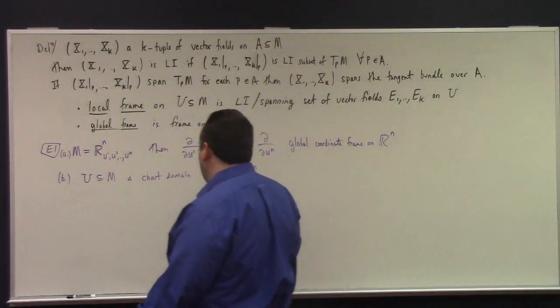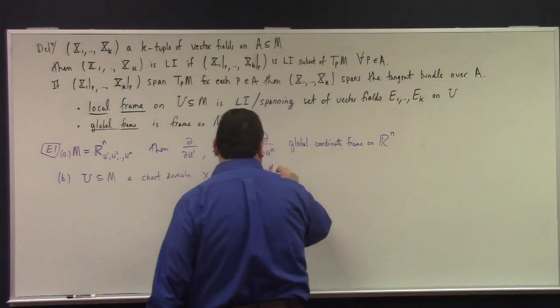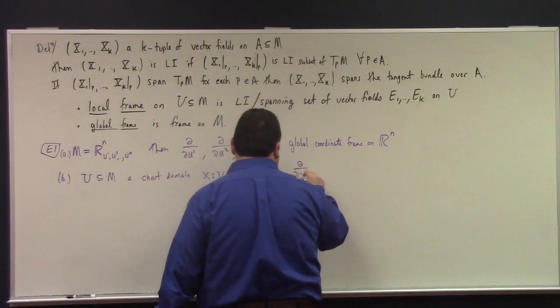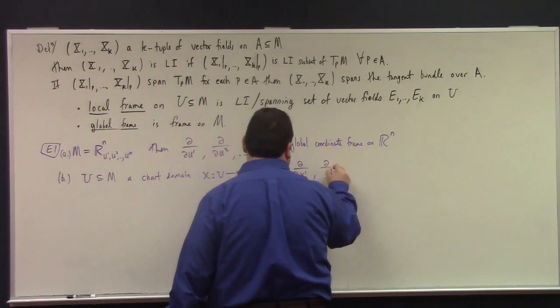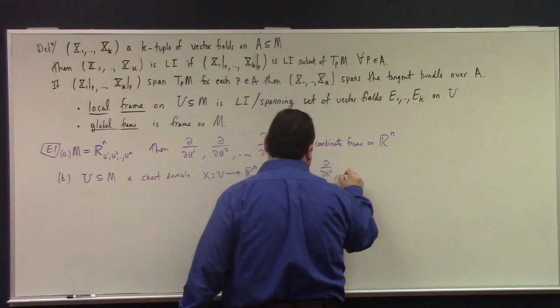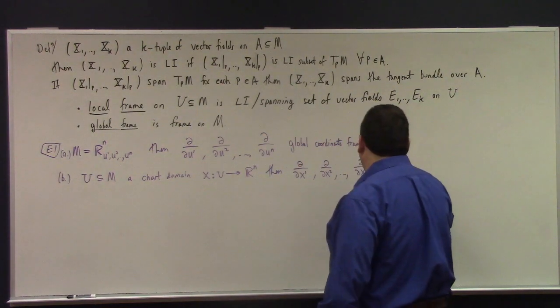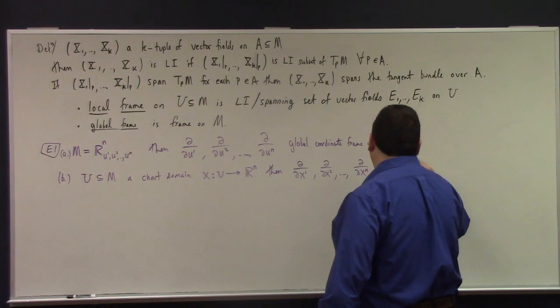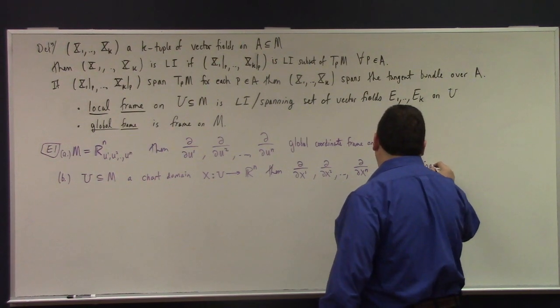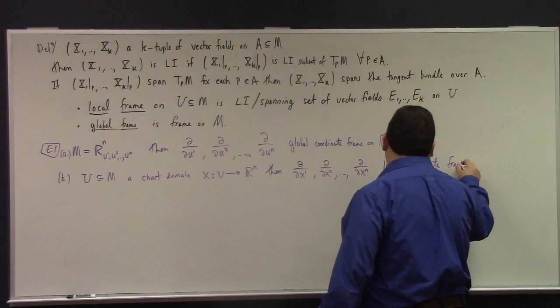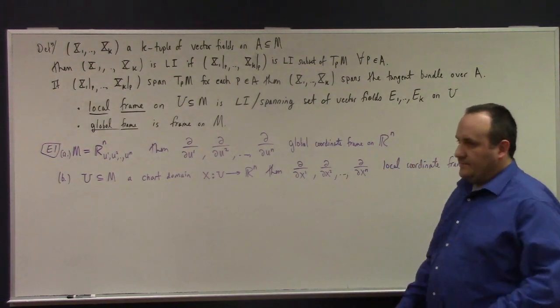Then partial x1, partial x2, through partial xn gives you the local coordinate frame, right?